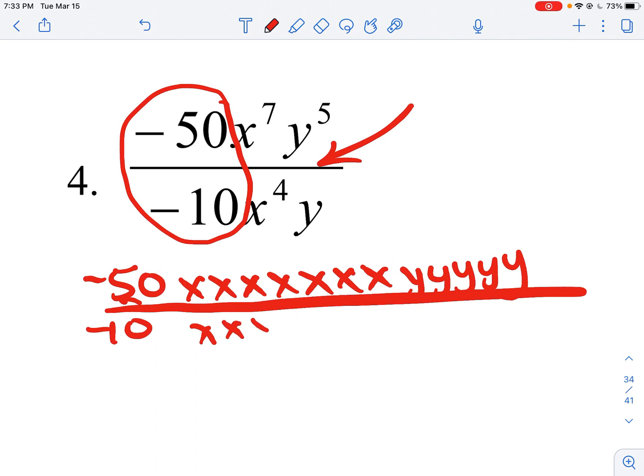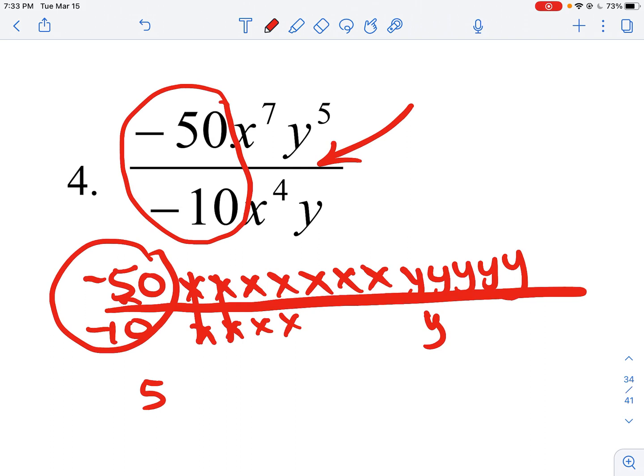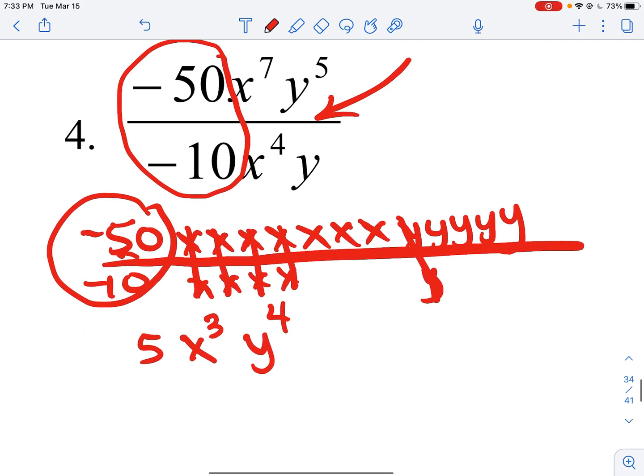Negative 10. 1, 2, 3, 4, and I have 1y. These two right here, this simplifies to 5. Cancel, cancel, cancel, cancel. I'm left with 3 x's up top. Cancel that. I'm left with 4 y's.